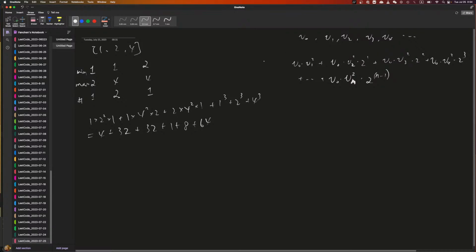Okay, that's the first. And then we have to do V1 V2 squared, V1 V3 squared times 2 to the 1, V1 V4 squared times 2 to the 2, V1 Vn squared times 2 to the n minus 2.